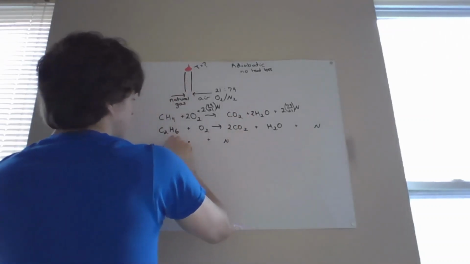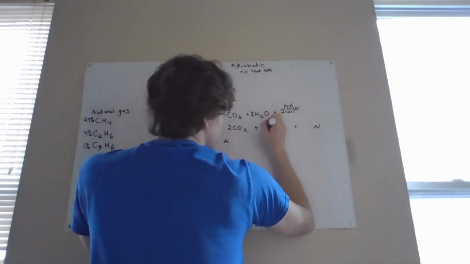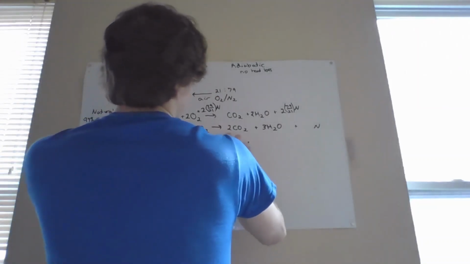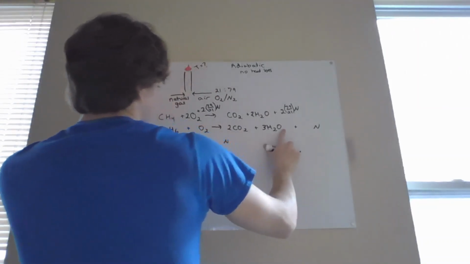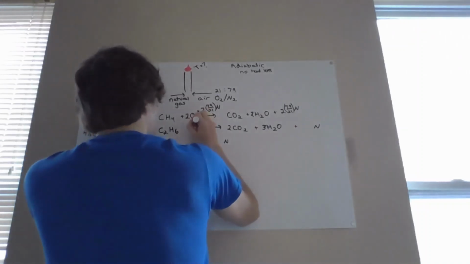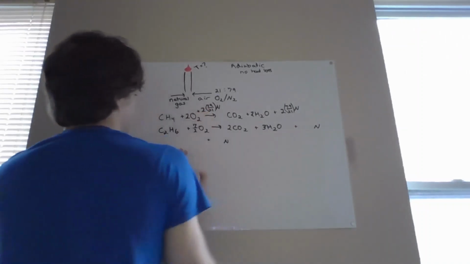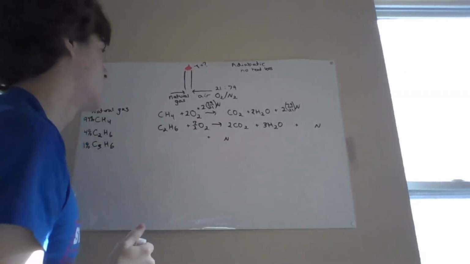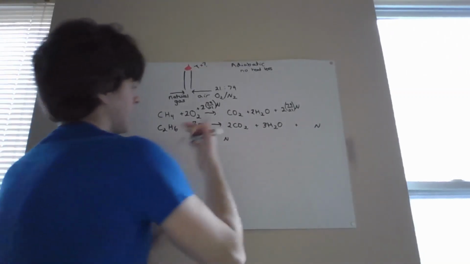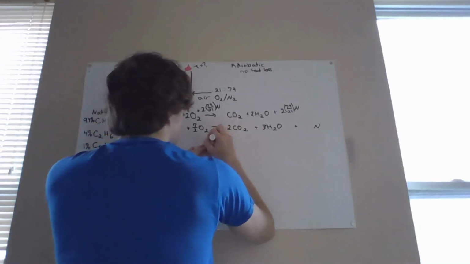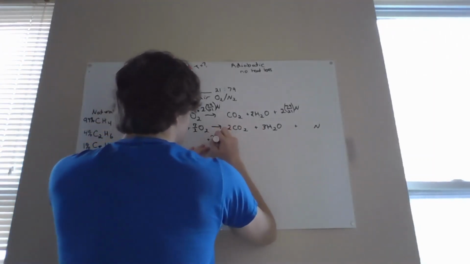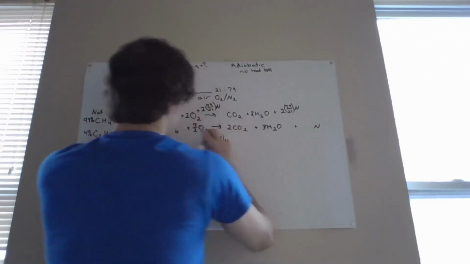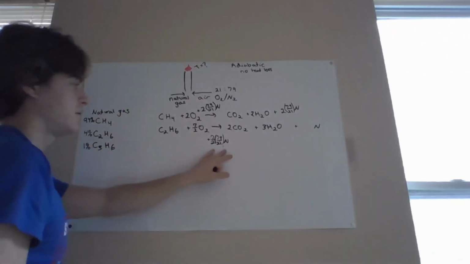There's a total of 6 hydrogens in the hydrocarbon, so we need 3 moles of water to balance that out. Then there's a total of 4 plus 3 oxygen on the right hand side, so we need a total of 7 on the left hand side. We'll write that with a coefficient of 7/2. Then the moles of nitrogen that come in with the oxygen would just be 7/2 times the ratio of 79/21.